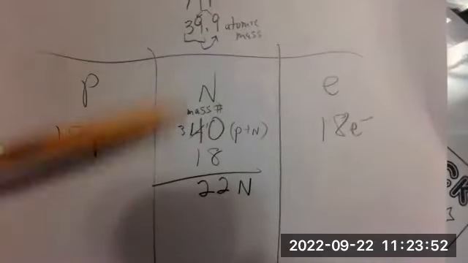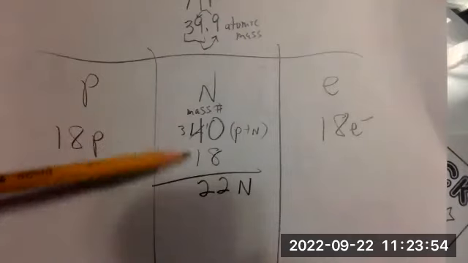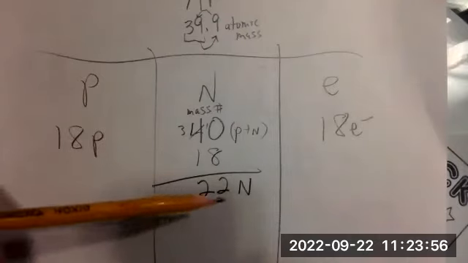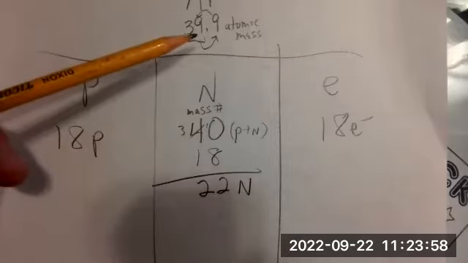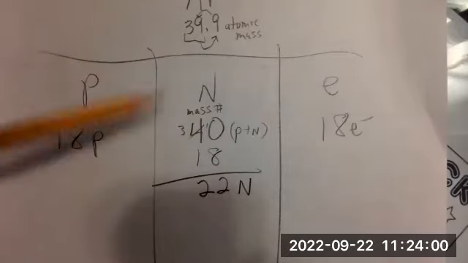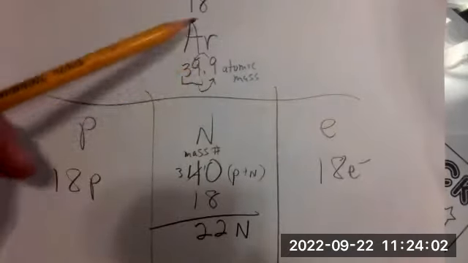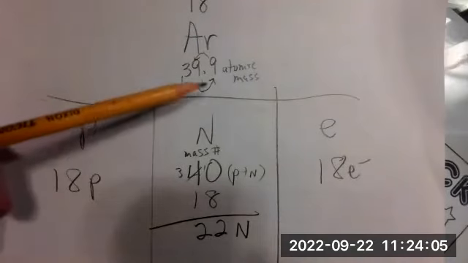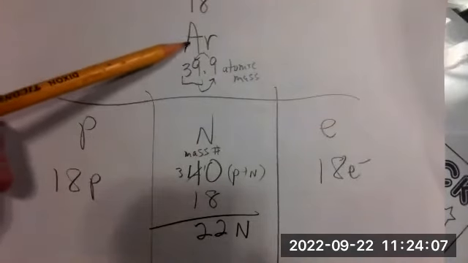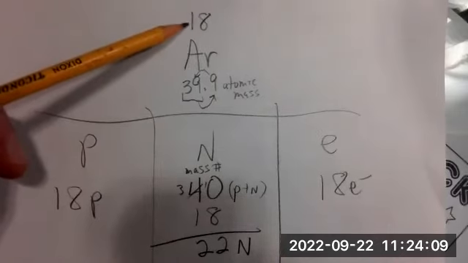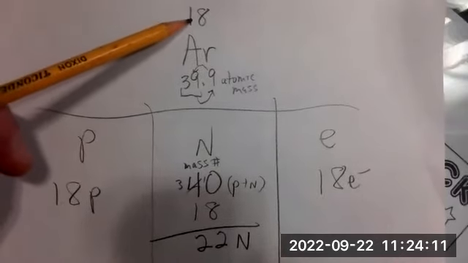Then finally, what happens when you change the number of neutrons in an element? Well, think about what the number of neutrons represents in terms of the overall scheme of things. It's part of the whole mass of an atom. So changing the number of neutrons isn't going to change the identity of the element, because that would be done by changing the number of protons.